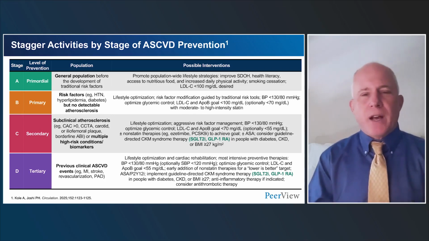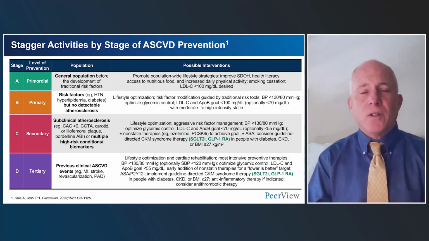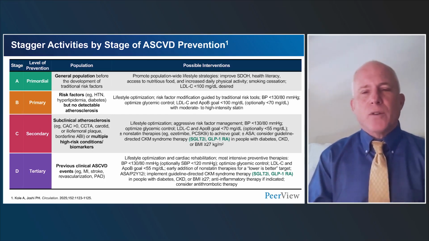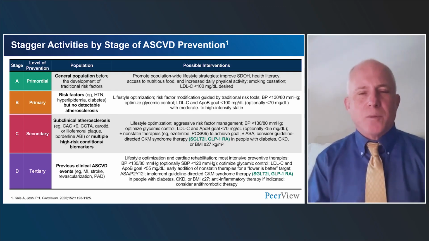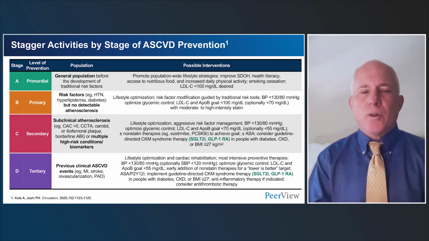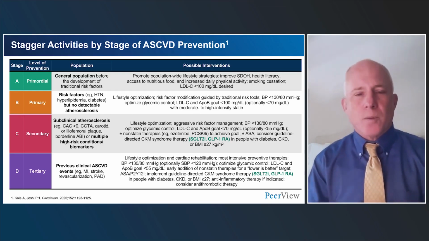Then we move to the primary prevention space, which is looking more at an individual level. Have we really optimized their lifestyle modification? Are we starting now to look at objective measurements such as blood pressure, lipids, and glucose, and making sure that those are either optimized or trying to get them back to normal?